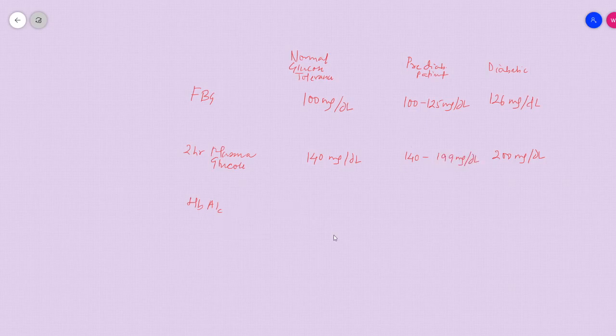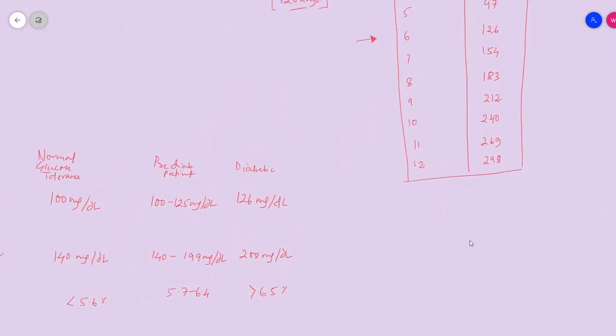And what about HbA1c? This is less than 5.6% in an absolutely normal individual, and it would be 5.7 to 6.4 in a pre-diabetic patient, and greater than or equal to 6.5% would be what it is in a diabetic. So what is 6.5?